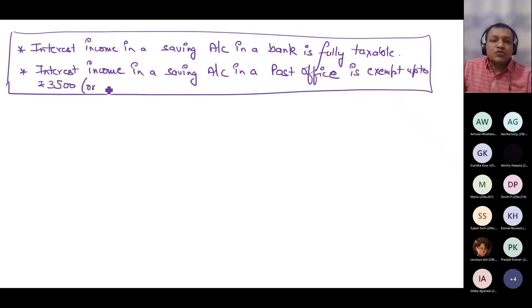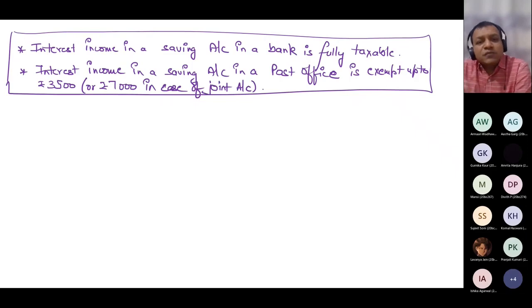Or if you have a joint account, then this exemption will be 7,000 in case of joint accounts. If this account is in the name of two people, then this exemption becomes 7,000. These provisions are not for high class people, because the people who are in the high middle class or rich class are not at all bothered about this 3,500 or 7,000. But for a lower income class or lower middle class, this amount matters a lot.